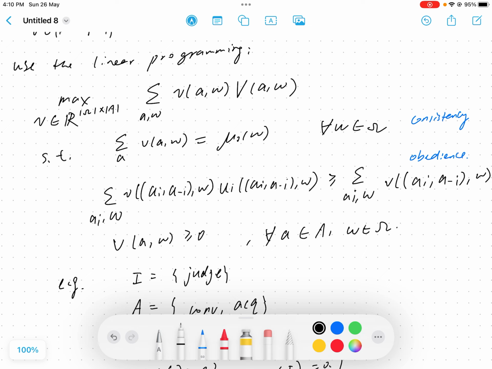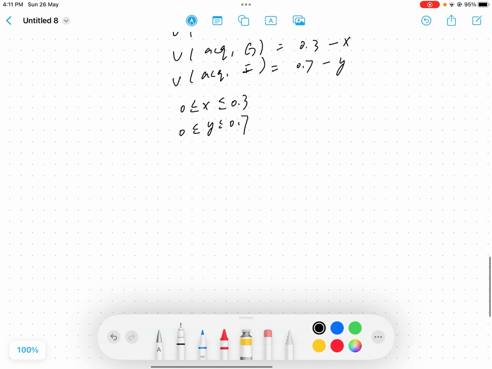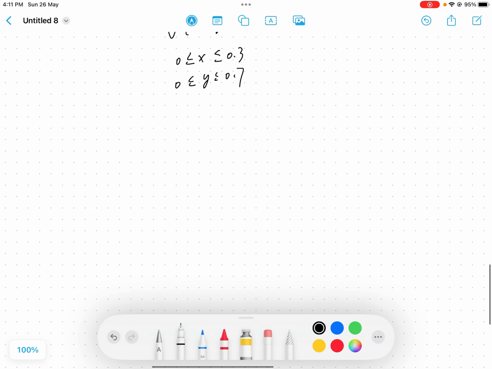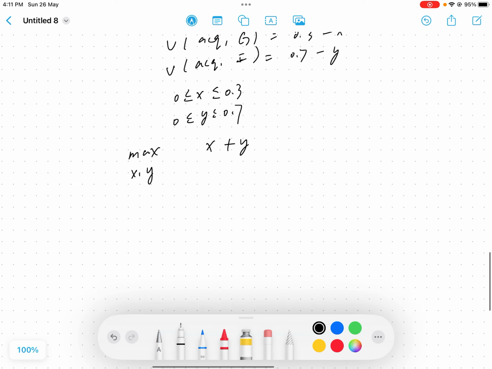If they're 0, we can ignore those terms, and just leave the other positive numbers in the objective function. Then after that, we can rewrite this problem as the maximization over x and y, and this becomes simply x plus y. This is just after the simplification using those utility functions and the v's.